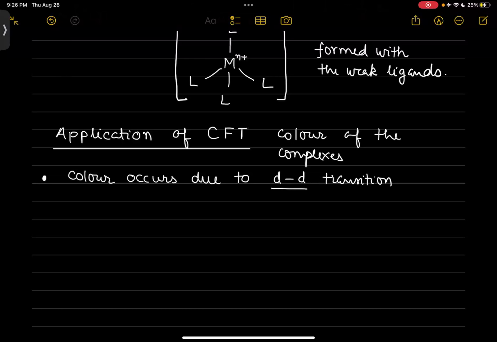It is the temporary electronic transition, in which the electrons are continuously moving between the d orbitals by absorbing certain wavelengths. And the color which is visible to us will be complementary to the color which is absorbed.